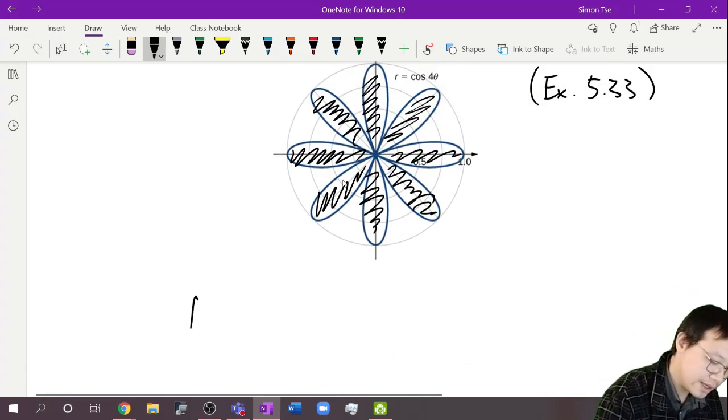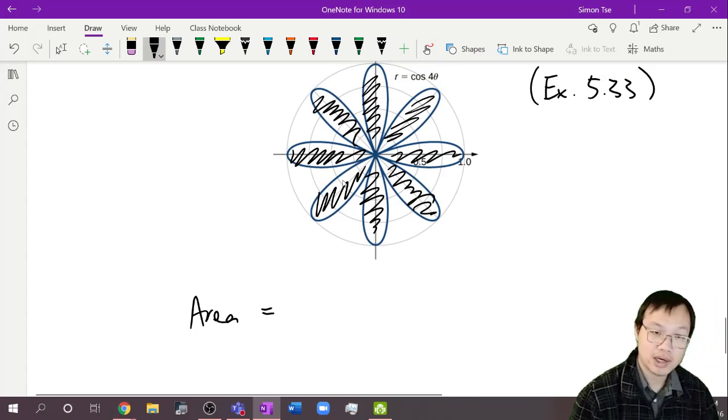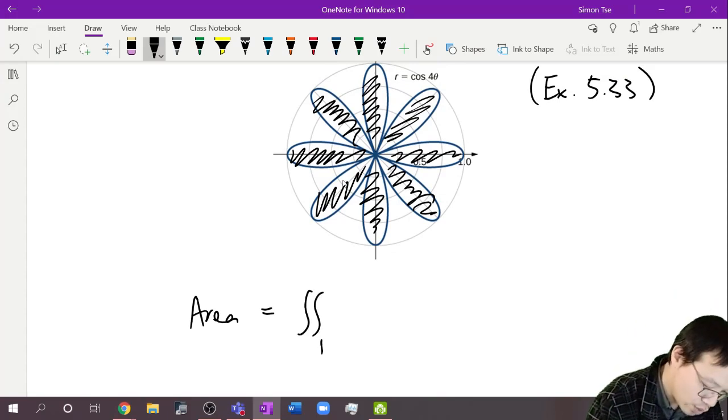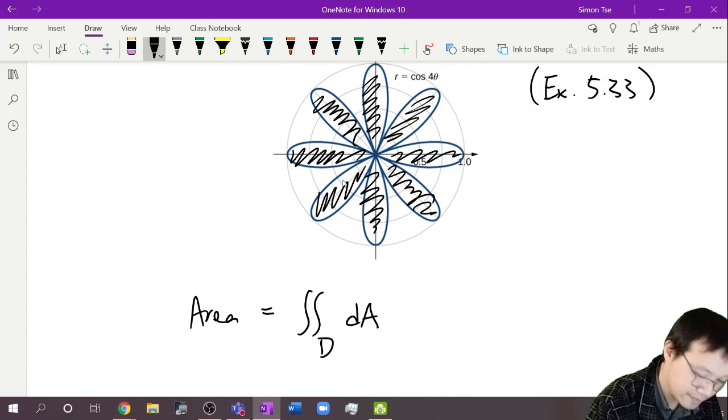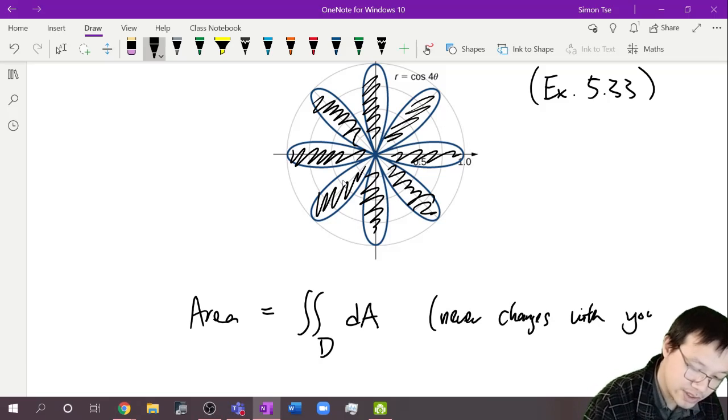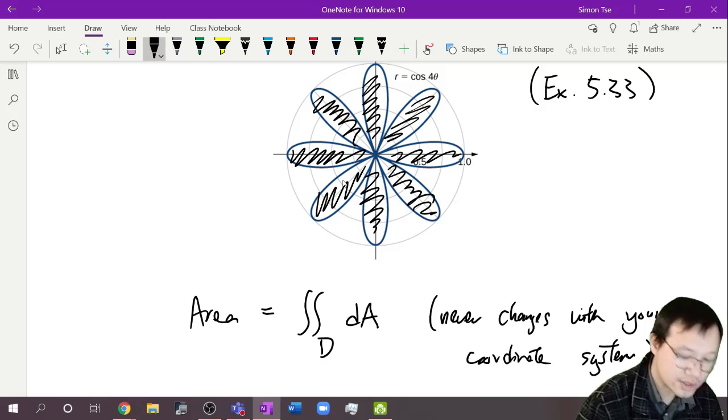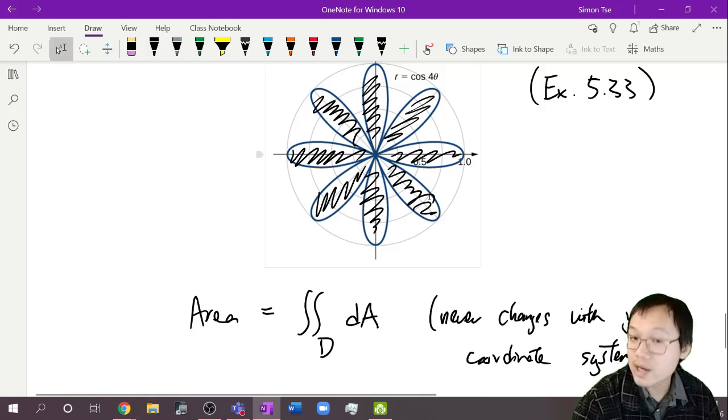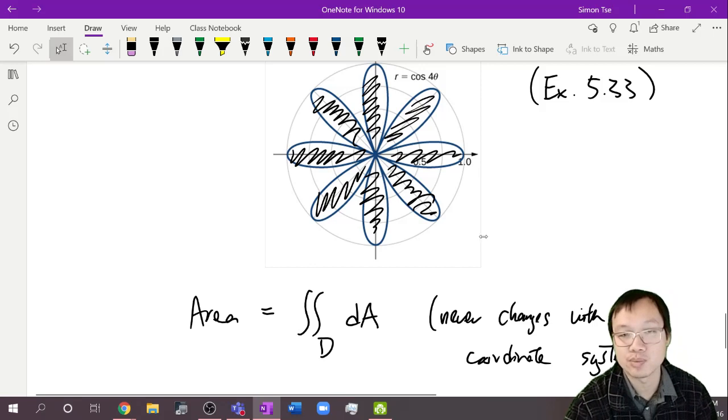So area, as before, is always defined by your domain of integration and then dA. This never changes with your coordinate system. Okay, so this is the initial formula for all kinds of area, no matter what coordinate system you use, some exotic coordinate system or otherwise.